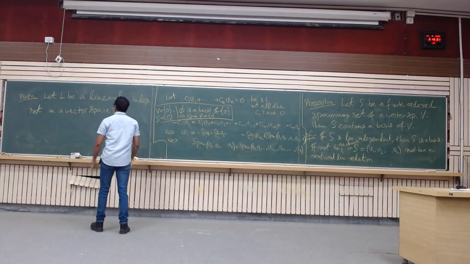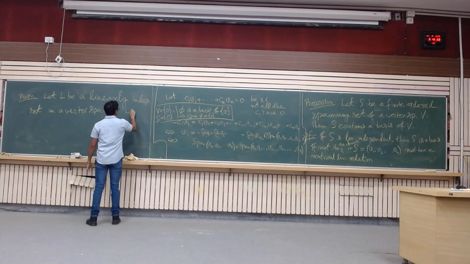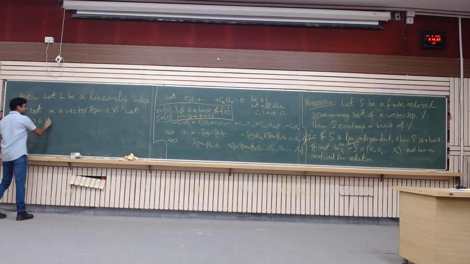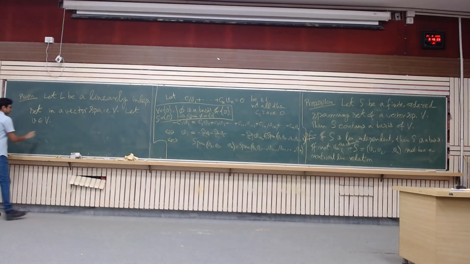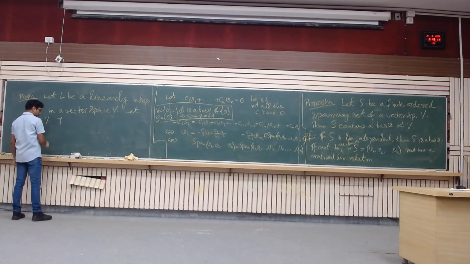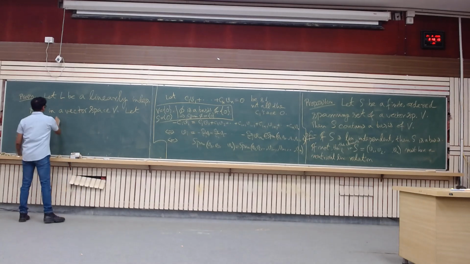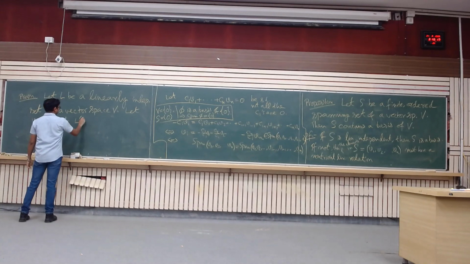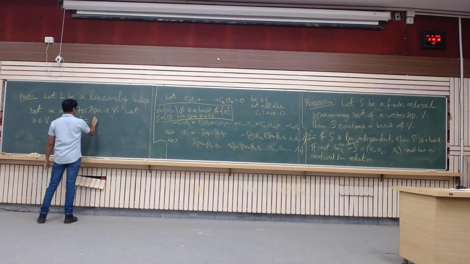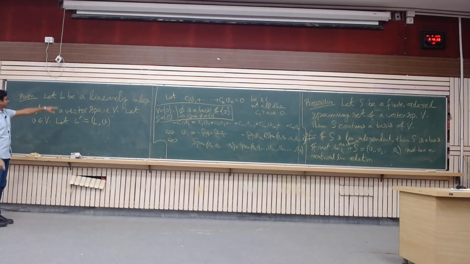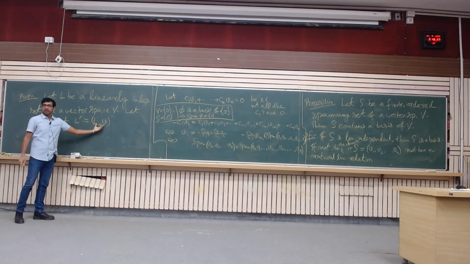And let v be some element in V. Then let's define L dash. When we are writing this, we should also take an ordered linearly independent set, right? Because we are just appending one element.